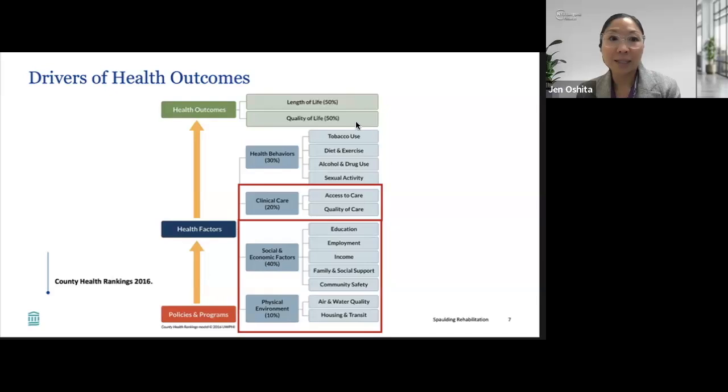And as you can see in this diagram here, this makes sense because from what the evidence tells us, clinical care only contributes to 20% of our health outcomes, whereas non-medical factors here can contribute up to 50% of our outcomes.